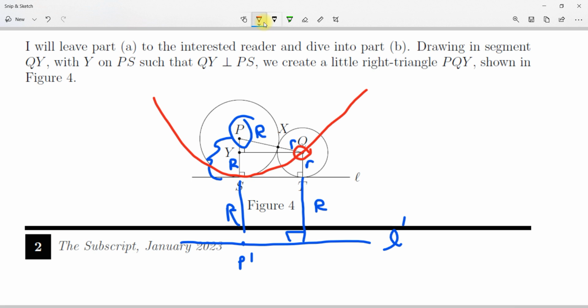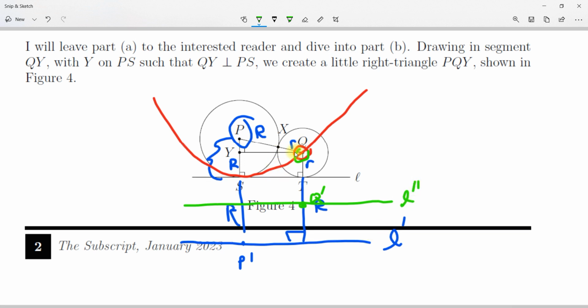Well, if I use that same logic and I say, what happens if I take this guy and I reflect this guy in the line to get Q prime? I find another line down here, L double prime.